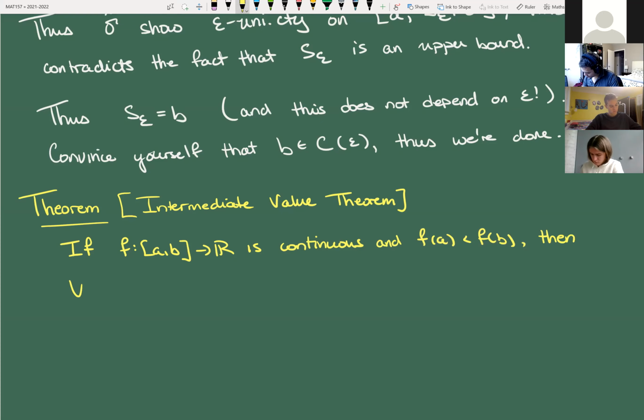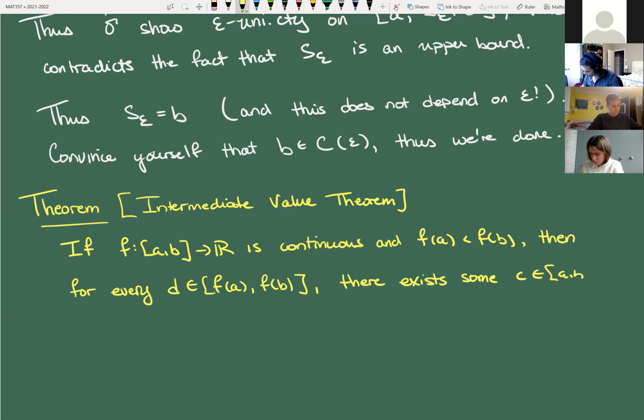Then for every d in (f of a, f of b), there exists some c in (a, b) such that f of c is d.